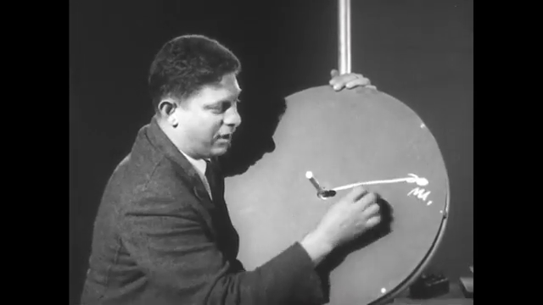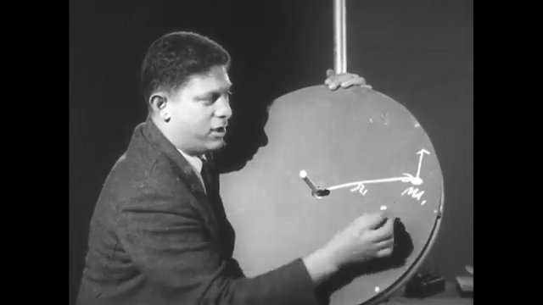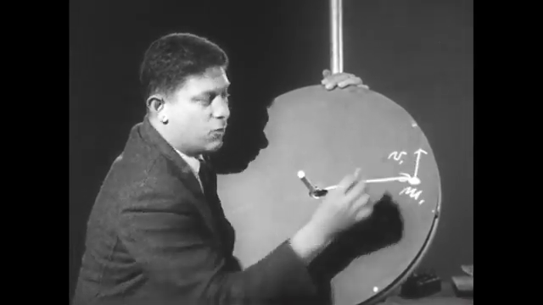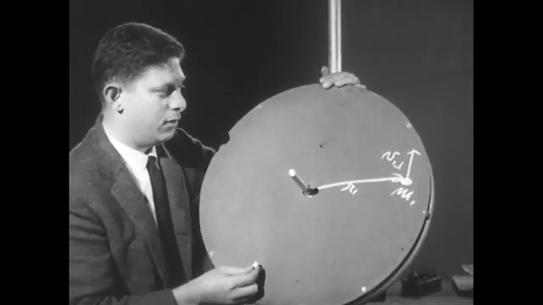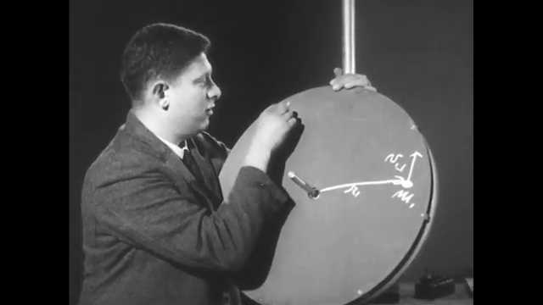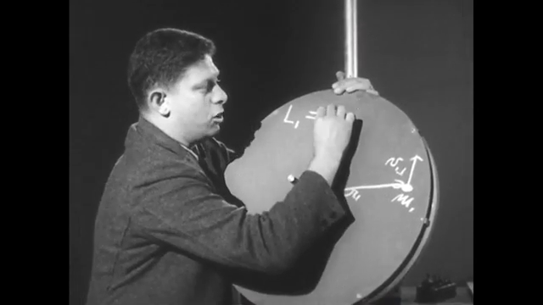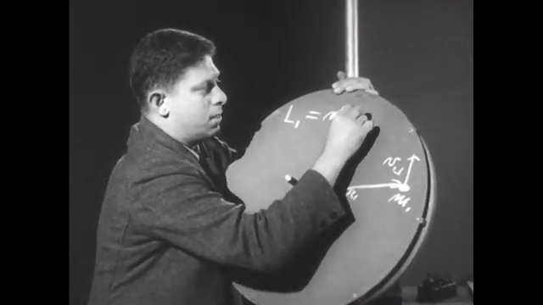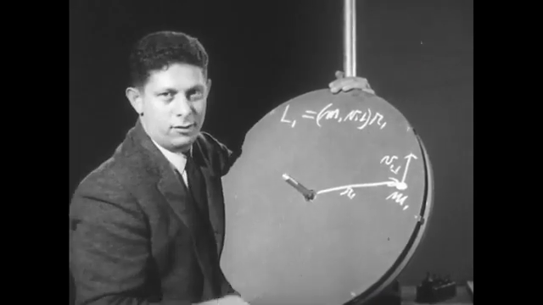Its distance from the axis, r1, and it's moving this way with a velocity v1 perpendicular to this radius vector. We can write its angular momentum. Its angular momentum is L1 equals the linear momentum m1 v1 perpendicular times r1.